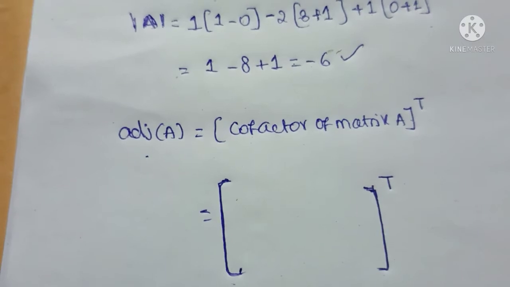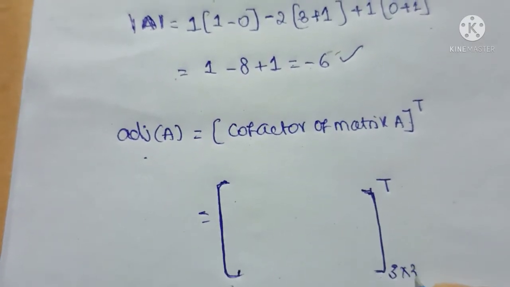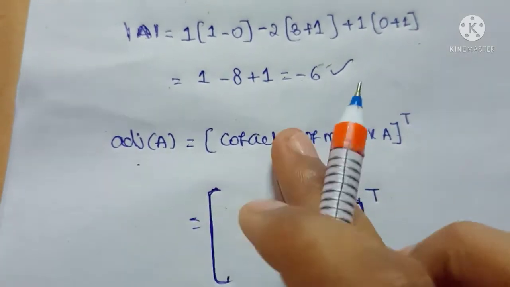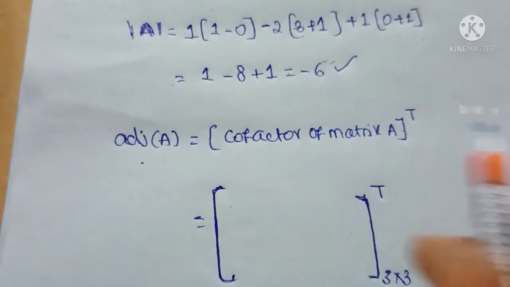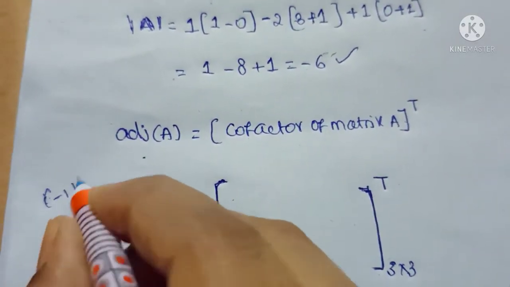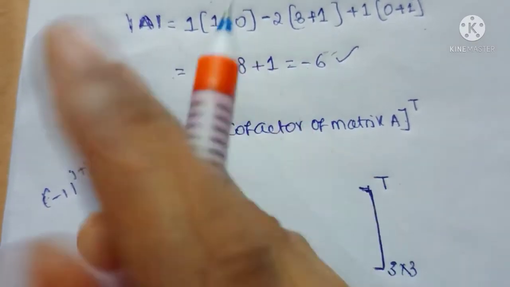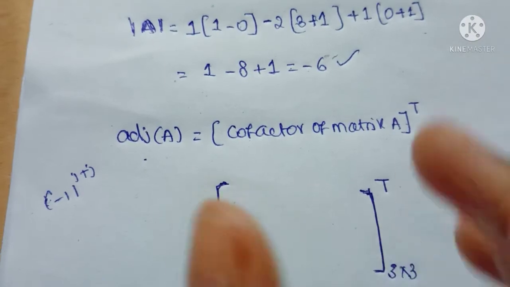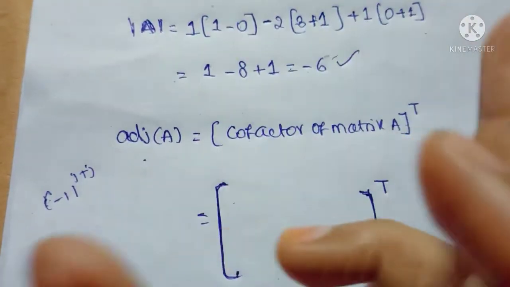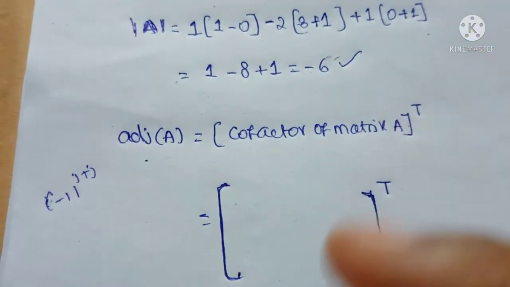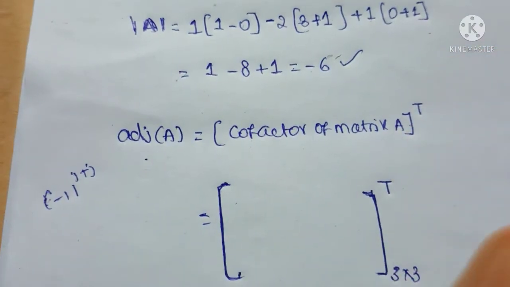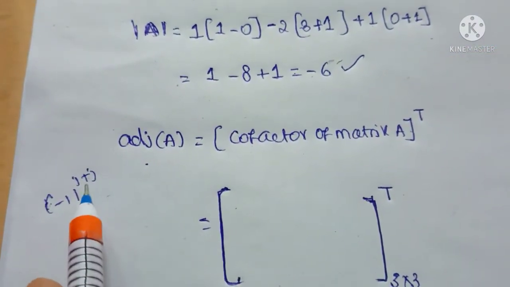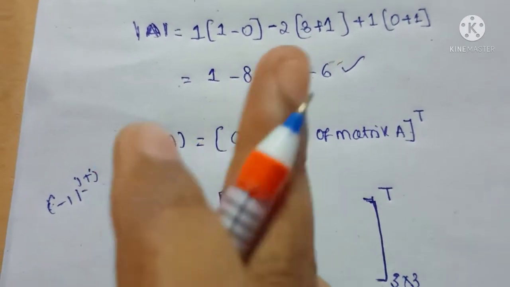For a 3 by 3 matrix, in the cofactor matrix we have to multiply minus 1 power i plus j with the corresponding minor of the matrix. If you consider 3 by 3, the minor of the matrix will be 2 by 2. Here, minus 1 power i plus j indicates the position of the element.